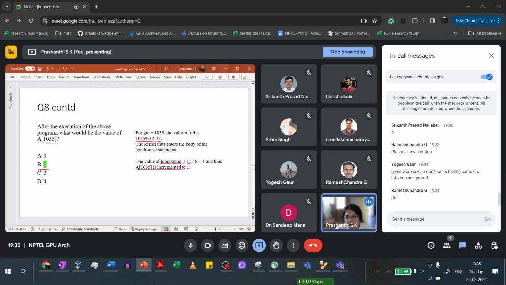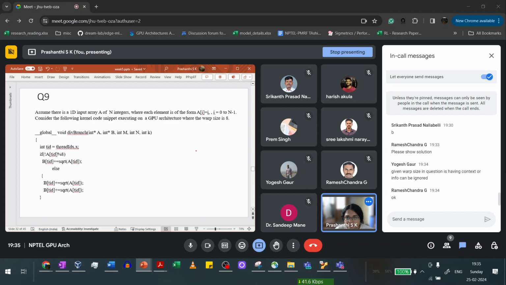Okay, we will move to the next question if this is clear. Assume that there is a 1D input array A of n integers where each element is of the form A[i] = i, with i ranging from 0 to n minus 1. Consider the following kernel code snippet executing on a GPU architecture where the warp size is 8.